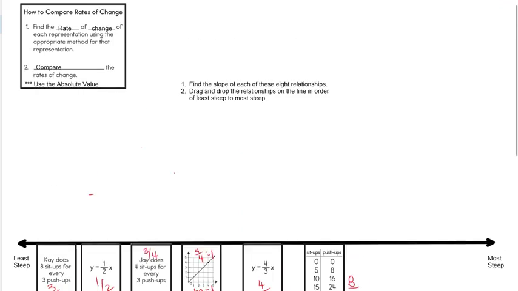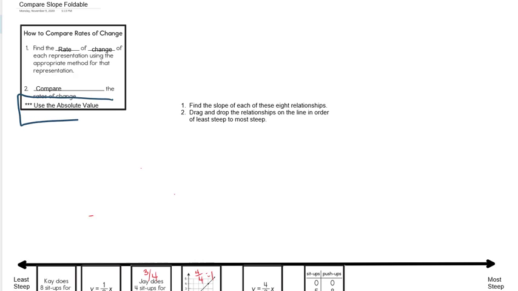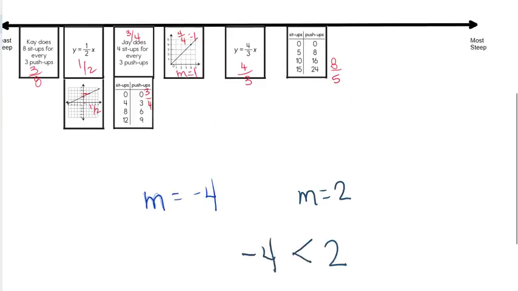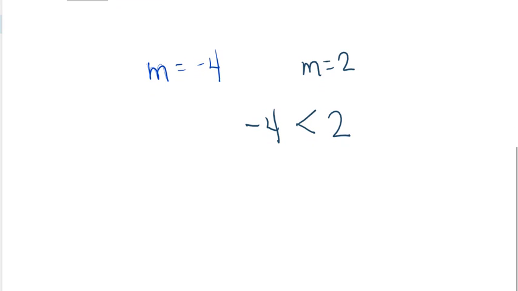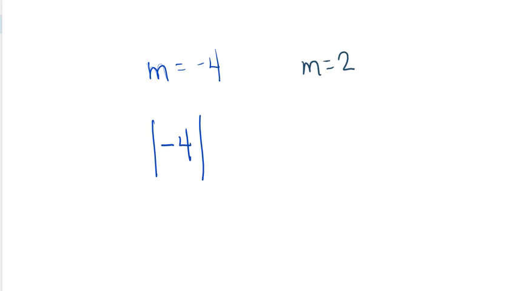However, back to this that I added right here, using the absolute value. When we're comparing the rates of change and which one has a more steep rate of change or a greater rate of change, we don't use that. We use the absolute value of those numbers. So I'm going to put these in absolute value symbols.